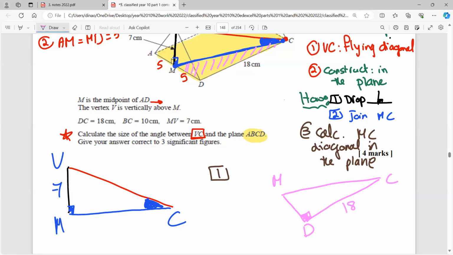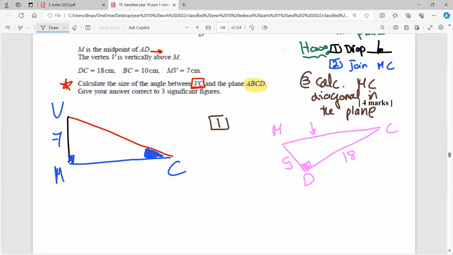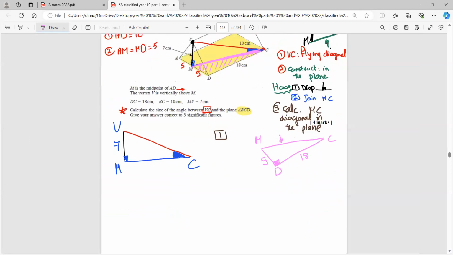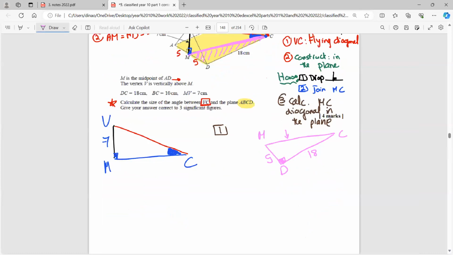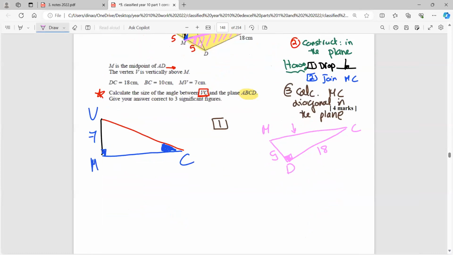DC is given as 18. MD we calculated earlier as 5. This is the diagonal that I need to calculate. And as we said earlier in the previous question, this diagonal is always and forever calculated by Pythagoras theorem, and it is always and forever a hypotenuse.